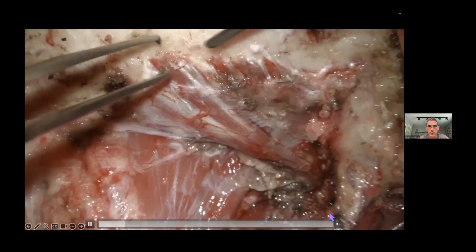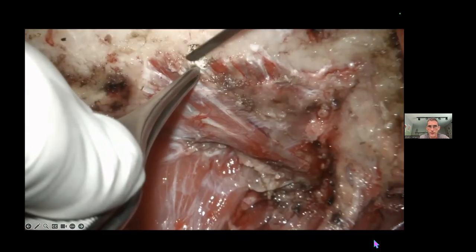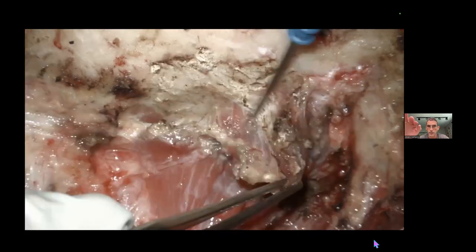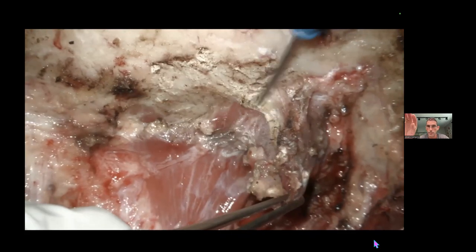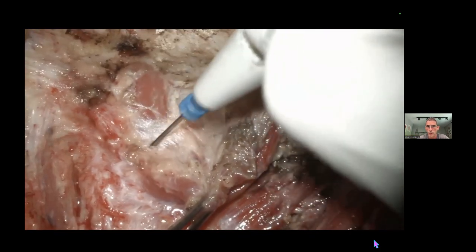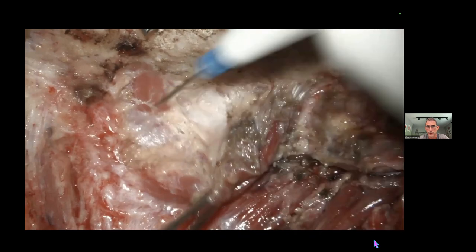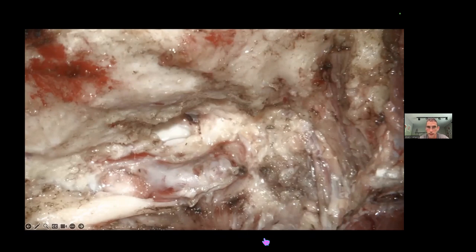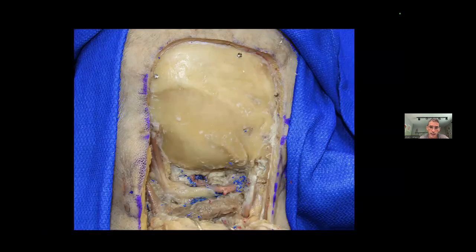And this is a video of a real surgery. The last part of the approach is to remove the muscles, because we now know where the vertebral artery is. So we can expose the vertebral artery in a good way. After that, we also expose the posterior arch of C1.